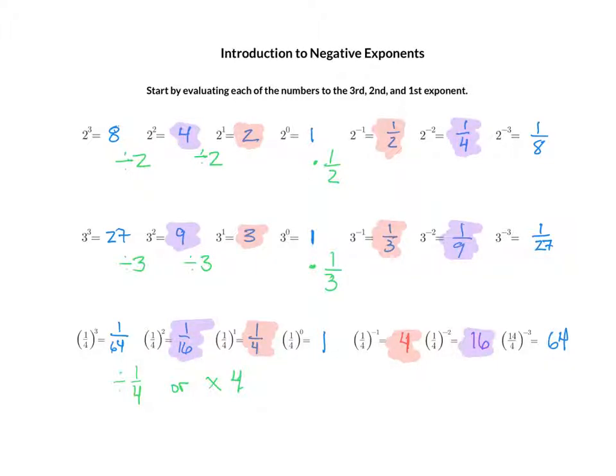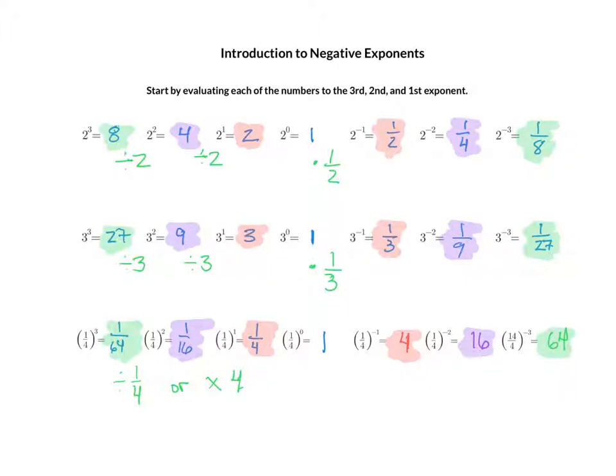These are all reciprocals. Similarly, 8 and 1/8. 27 and 1/27. 1/64 and 64.